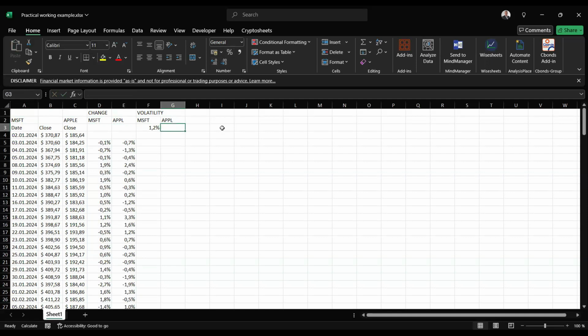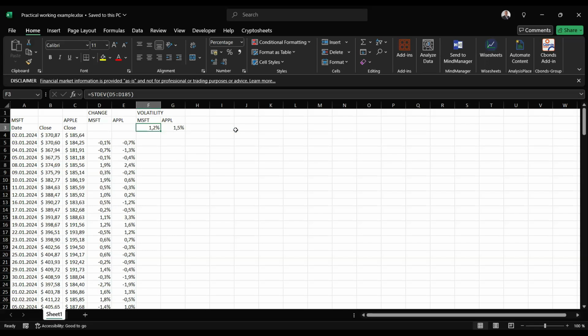So the standard deviation is 1.2 for Microsoft, and it's 1.5 for Apple. What does it mean? The standard deviation usually means, as you may remember, the difference between the average change of the equity price and its overall average throughout the time period we consider.